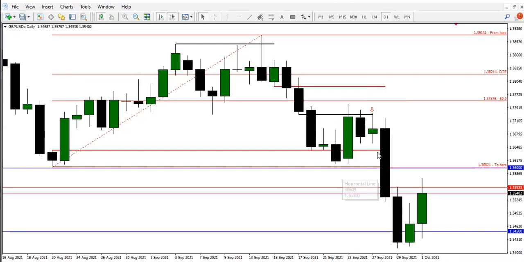Took 1.36, took 1.35. I think it went as low as whatever low is on this candle, which is 1.341111.